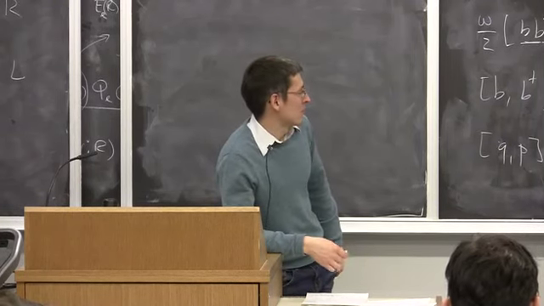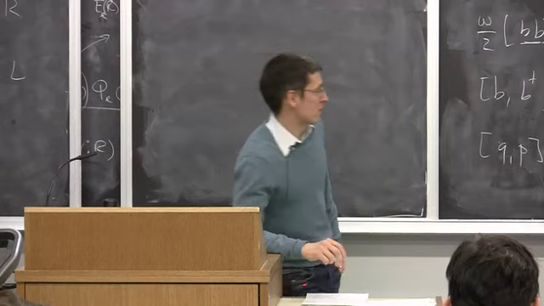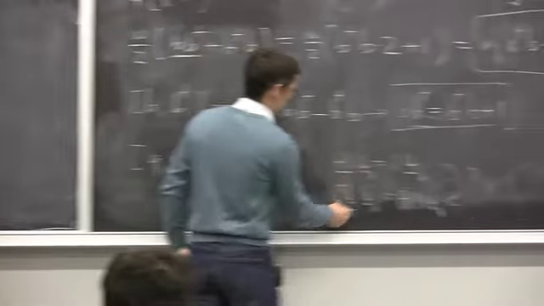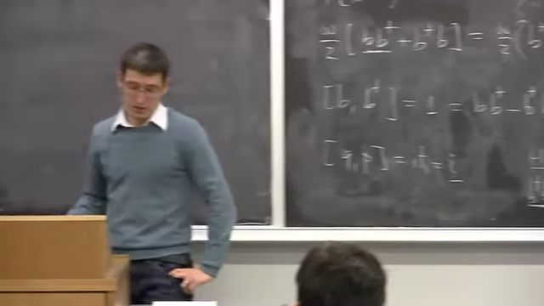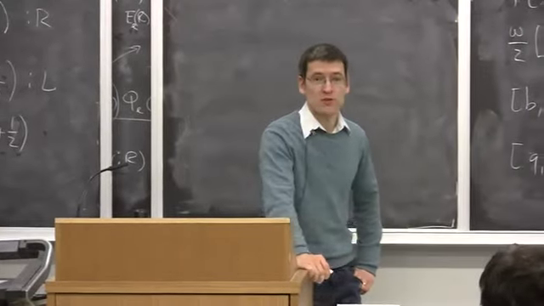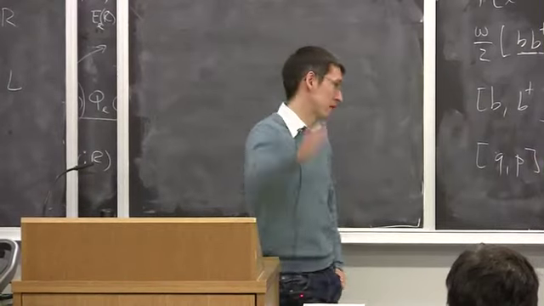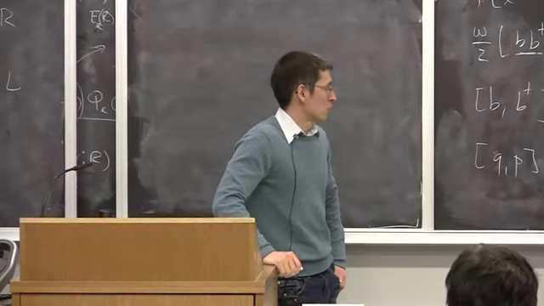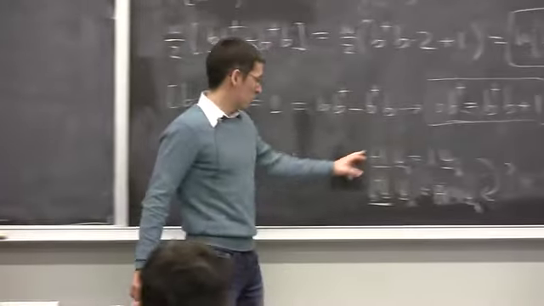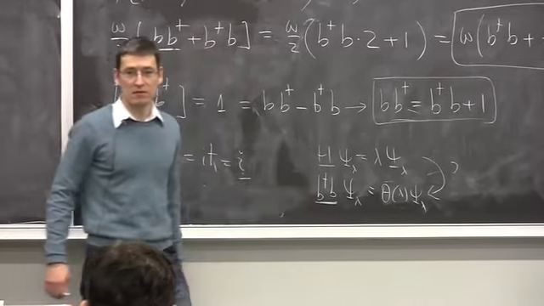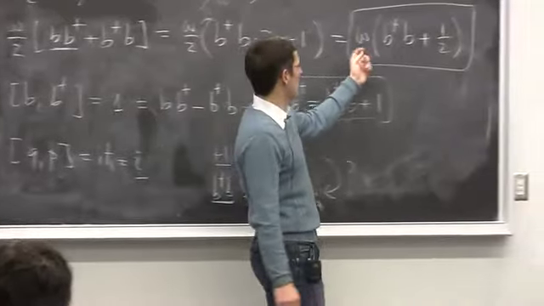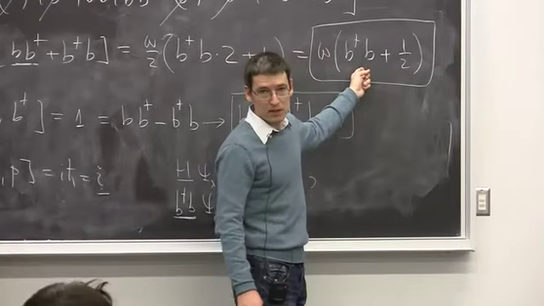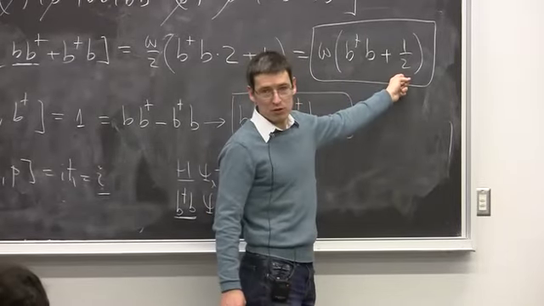So, this is an operator, right? And this is an operator. Two operators can share eigenfunctions when they commute, right? So do they commute, H and b dagger b? Well, let's see. H is a constant multiplied by b dagger b plus another constant, right?